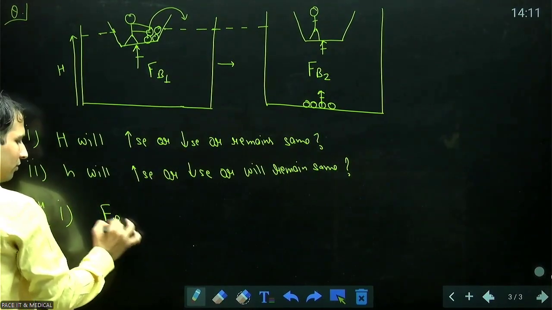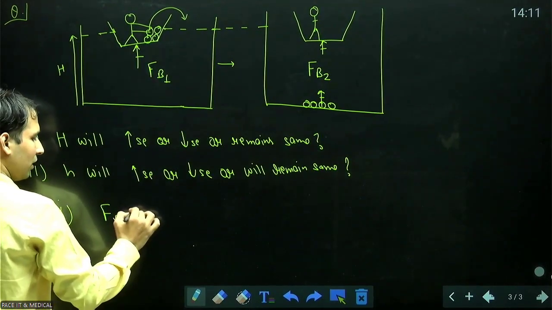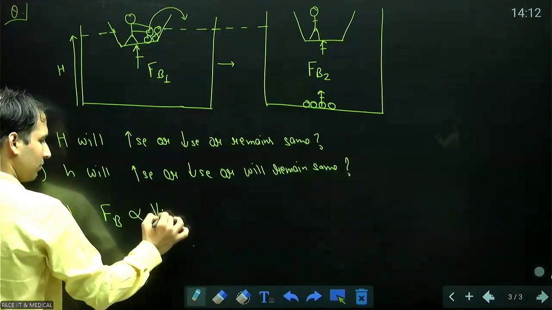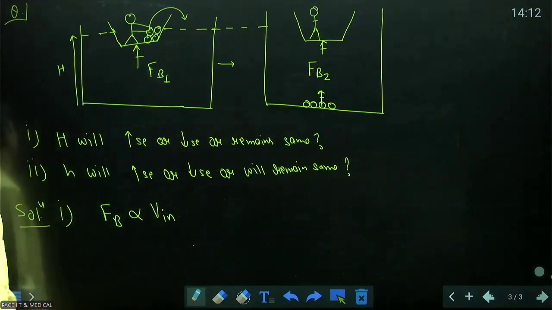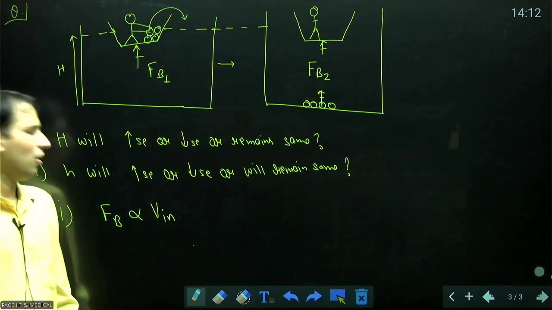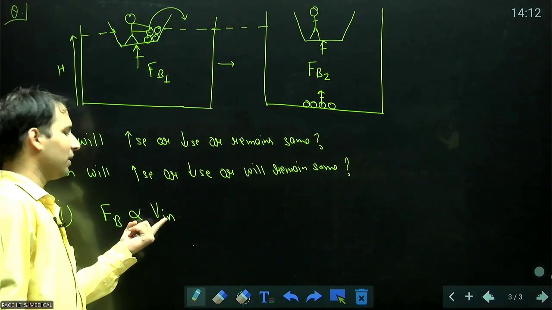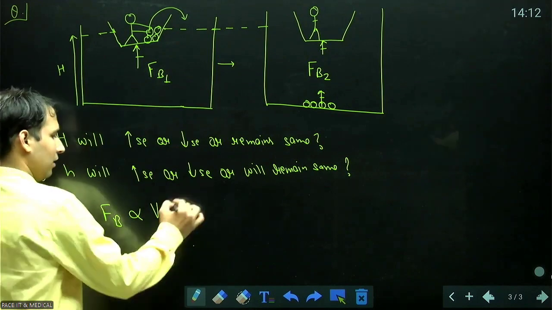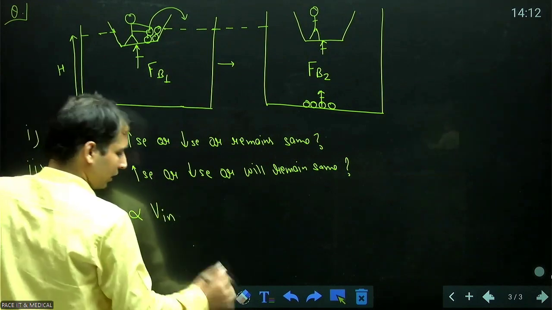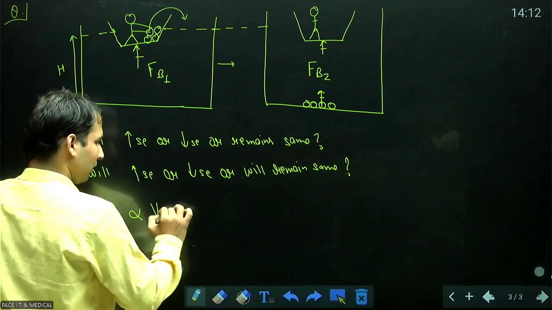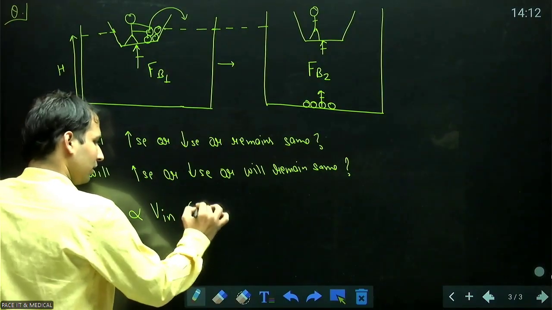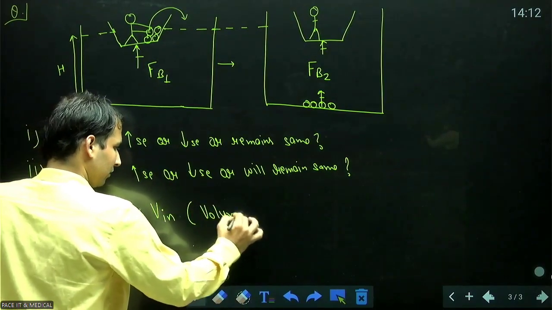Okay. Now we know buoyant force is proportional to the volume of liquid immersed, or we can say the more the buoyant force, the more will be the volume displaced, right? Conceptually, buoyant force is equal to the weight of displaced liquid. So this is the volume of displaced liquid.